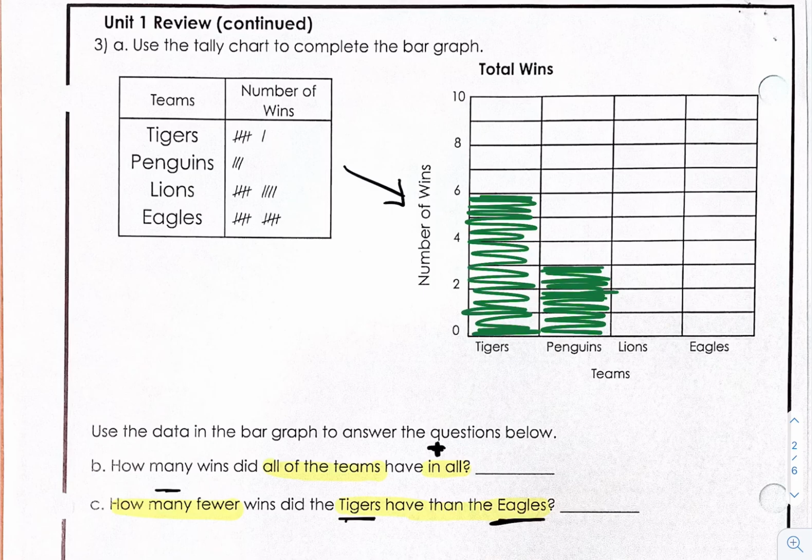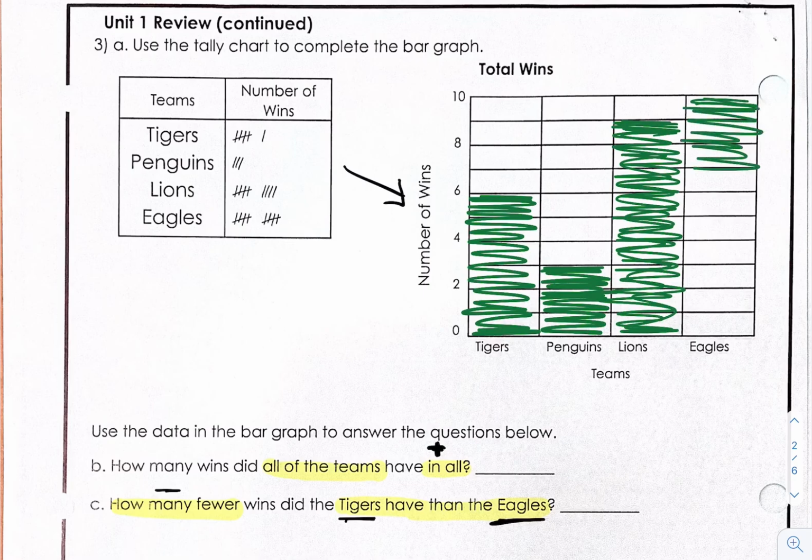The Lions have 9, so they should be filled up the same amount of blocks that I have filled in. And the Eagles have 2 groups of 5, which is 10. So the Eagles are filled up all the way to the top.